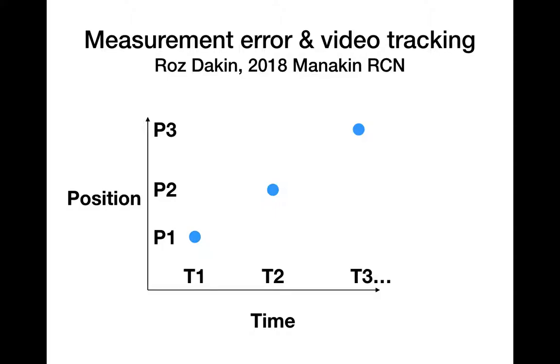Velocity can be estimated as the change in the animal's position divided by the change in time. And we can do that for the time period between measurement number 1 and 2, and we can also estimate another velocity for the second change interval here.